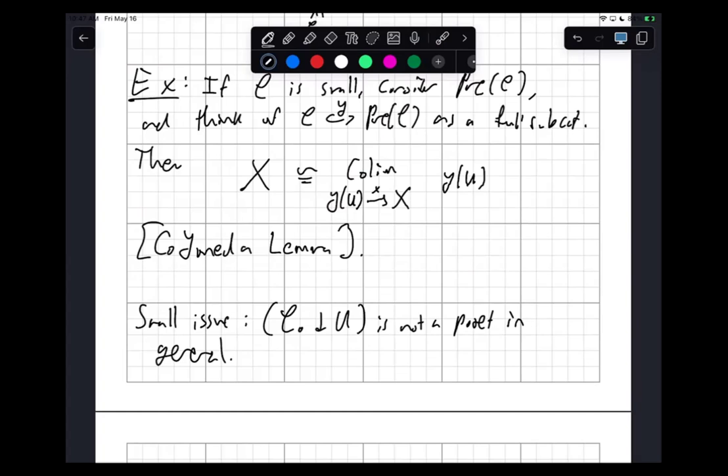We want to understand when it's generated by a small full subcategory. And it would be really nice if they were all generated using the same diagram, if they were all generated by the canonical diagram. In other words, we want to know when a large category has a dense small category.